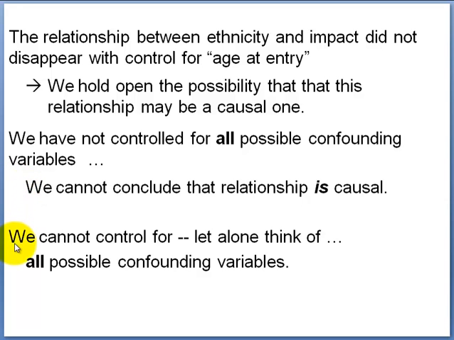Now, our adoption study is a non-randomized design. I mean, it's a survey. In any non-randomized design, it is in essence impossible to think of all possible confounding variables. So therefore, one could never control for all confounding variables.